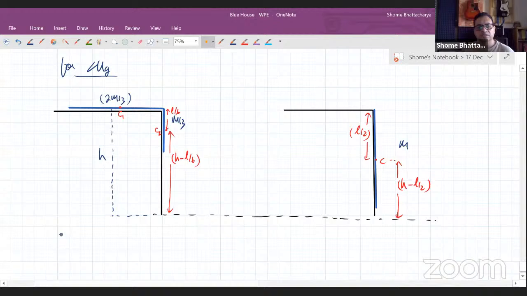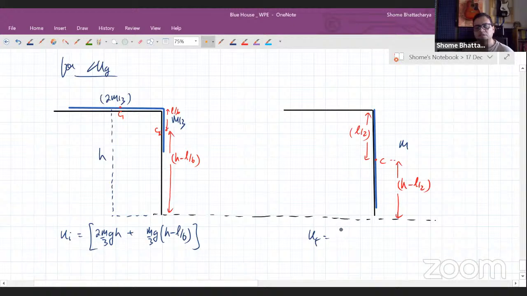If you consider the initial potential energy, we can take this as 2m by 3 g h plus m by 3 g into h minus L by 6 with respect to this reference level. With respect to the same reference level, we can write the final potential energy as mg into h minus L by 2.